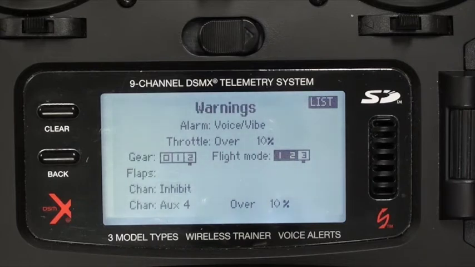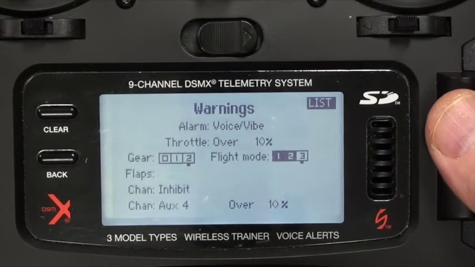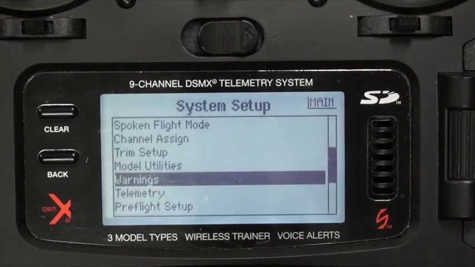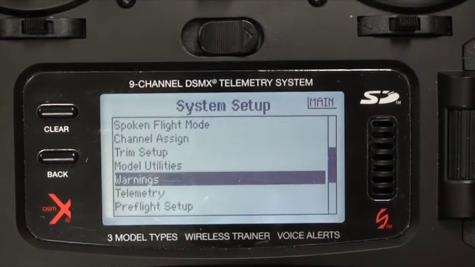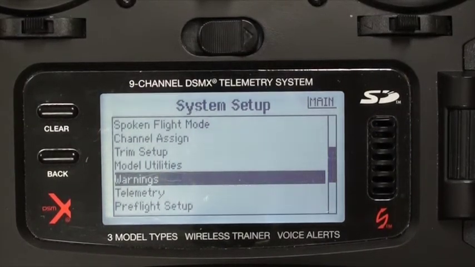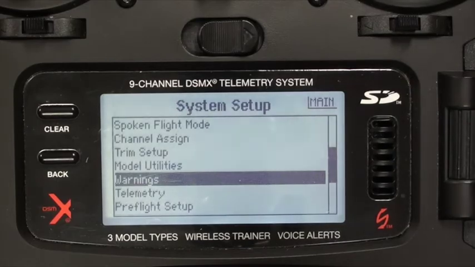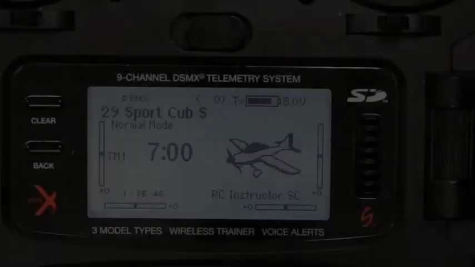That's going to not be at 0, and so that means it's in position 1 or 2, and that'll give me the warning. Okay, so that's throttle cut with both a warning when you turn on the radio and a voice alert that you move the switch while you're flying. You don't want to bump that while you're flying, in other words.